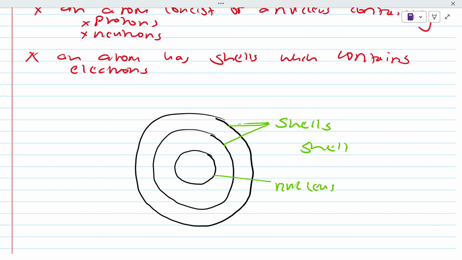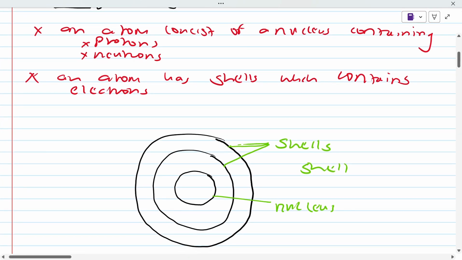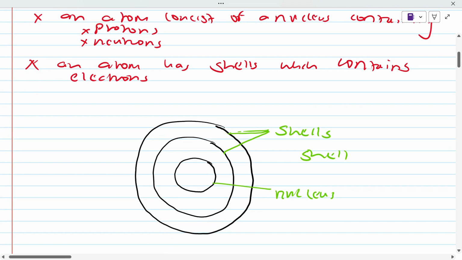Now, I've said that an atom consists of a nucleus containing protons and neutrons. Now, I'm going to draw protons and neutrons within the nucleus. I'm going to draw different circles.